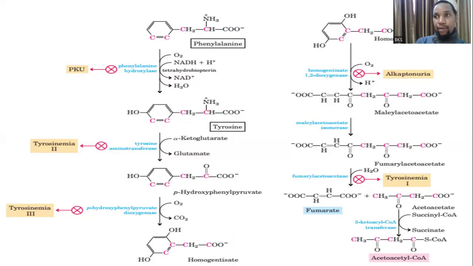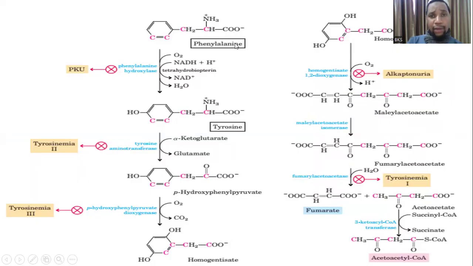The phenylpyruvate also can be decarboxylated, where a carboxyl group is removed. And once the carboxyl group is removed, it forms what we call phenylacetate.